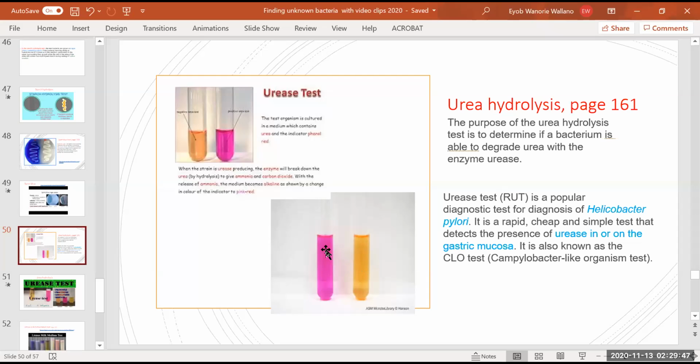Now, here it is positive for urease. That means a bacteria like Helicobacter, which we also call Campylobacter pylori or Campylobacter fetus. This is a gram-negative bacteria which is going to attack especially around the duodenal area, causing duodenal ulcer, or at the bottom of the stomach where the alkaline media is.